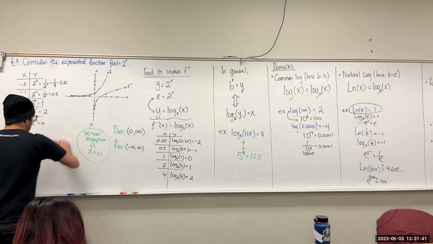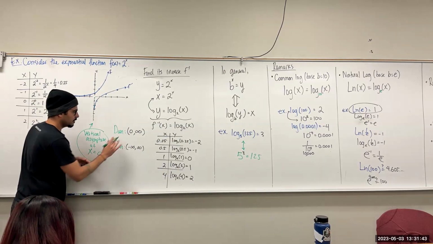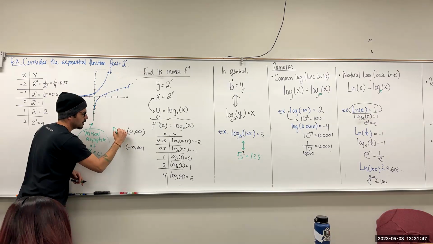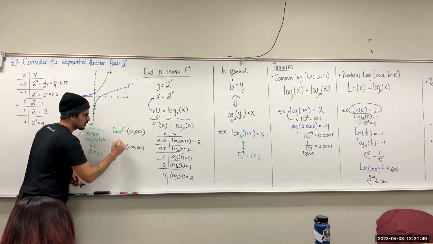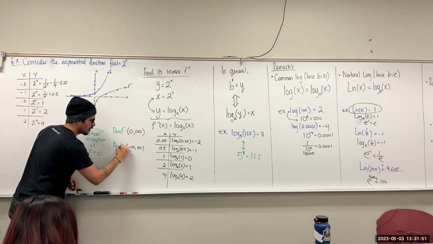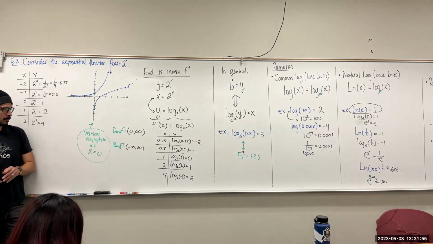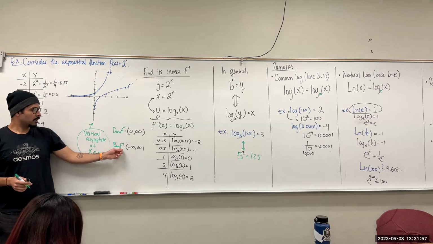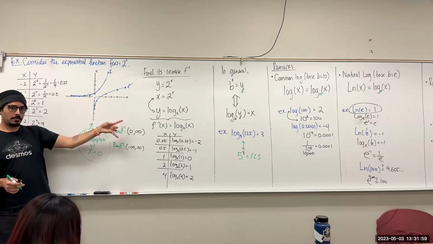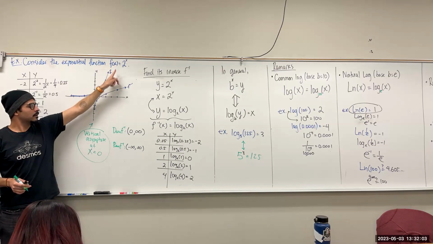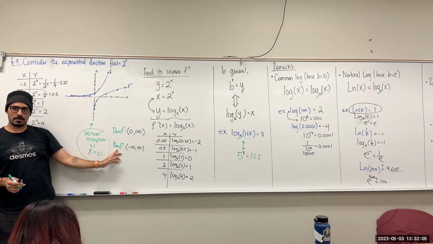Yeah, and actually, you know what? Let me be more specific for your notes. This is going to be the domain of f inverse, and then the range of f inverse. And as Kimmer mentioned, for f, it's swapped. The domain of f is the range of f inverse.